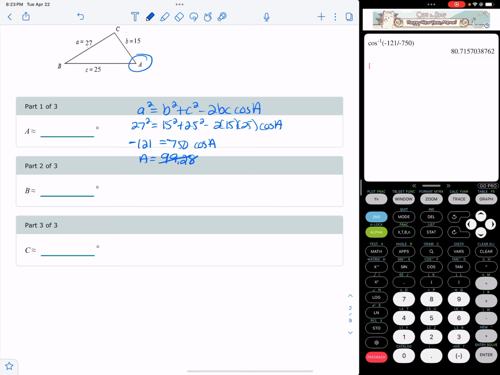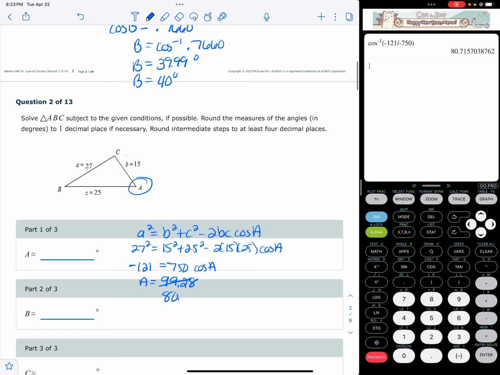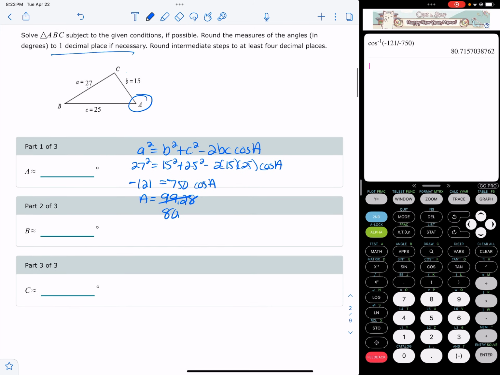There we go. 80 point, one decimal place, 80.7. Here I was showing you how to kind of shortcut writing all this work down, and I messed up.